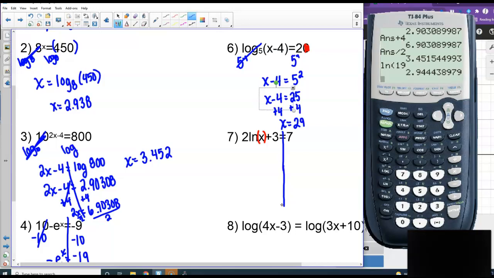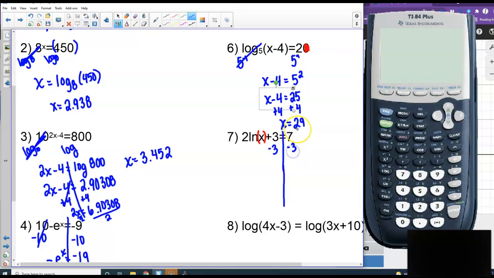Which one should we mess with first? No. Let's get rid of that 3. Yeah, we'll subtract the 3. So we're going to do that subtraction first, which is kind of the question that was asked earlier. You generally need to get rid of that addition or subtraction before whatever's multiplied there. So we got 2 natural log of x equals 4.